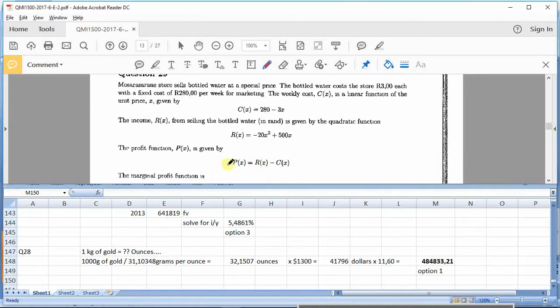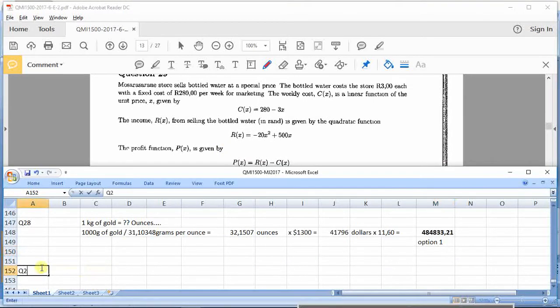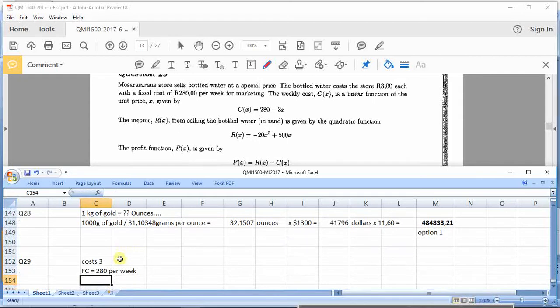Okay. Question 29. M stores sells bottled water at a special price. The bottled water costs 3 rand each, with a fixed cost of 280 per week for marketing.